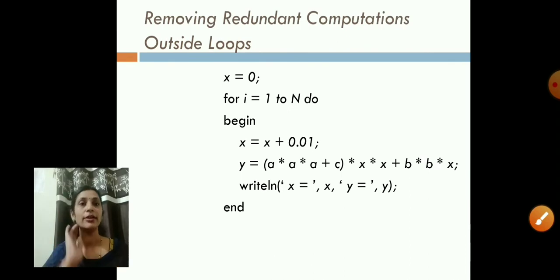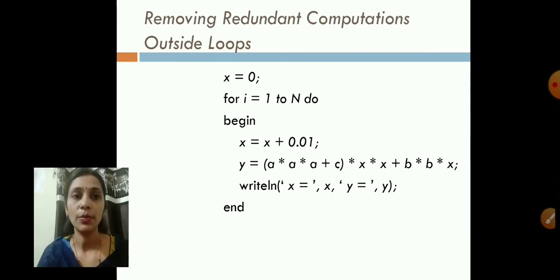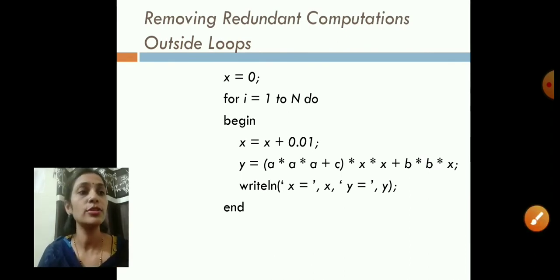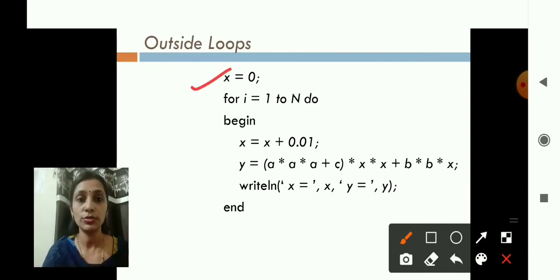Now see here, we have that example. In this example we have used one variable, x is equal to 0. Now we are using the for loop, for i is equal to 1 to n. Here i goes from 1 up to the nth element, for example 10, 20, 30, whatever it may be.